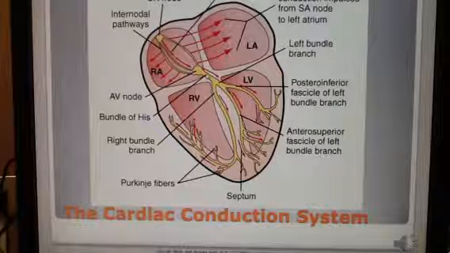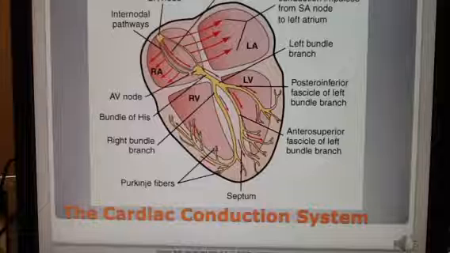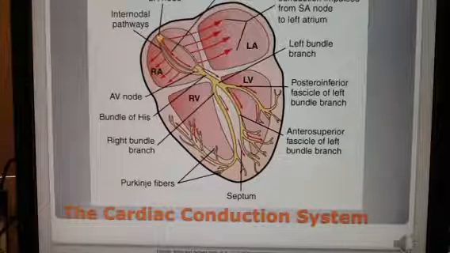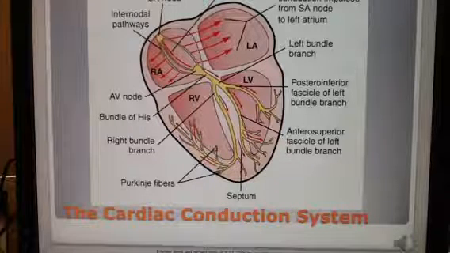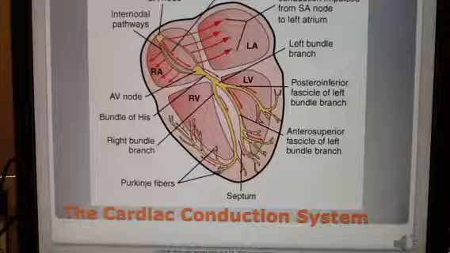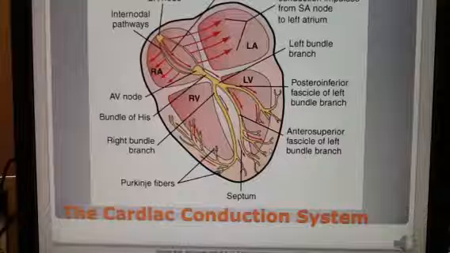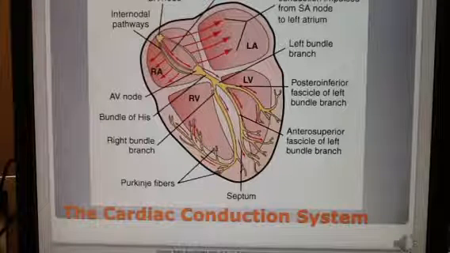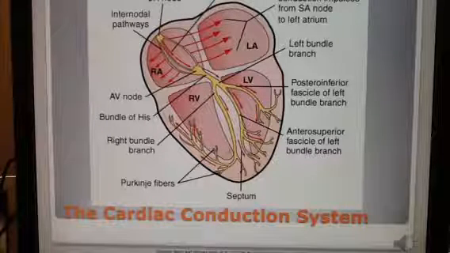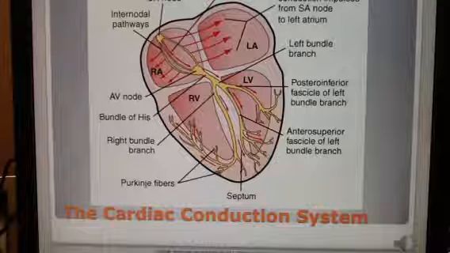The atrioventricular node, also known as the AV node, slows down the impulse. We then have some firing going on down the stem of the ventricles through the bundle of His. There's the right bundle branch and the left bundle branch of the bundle of His.